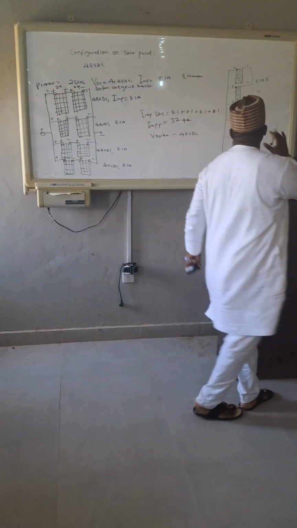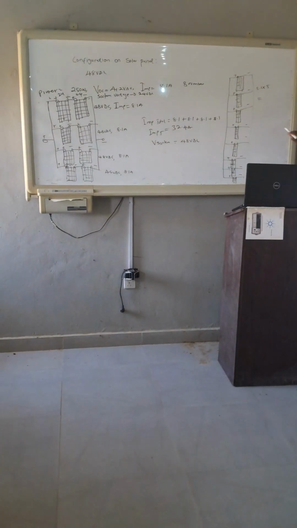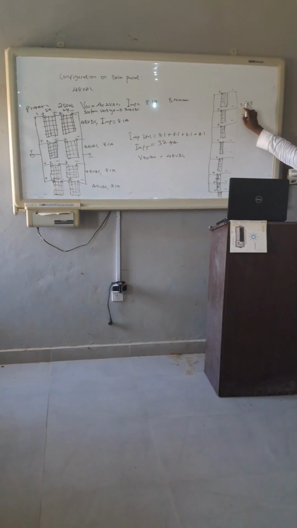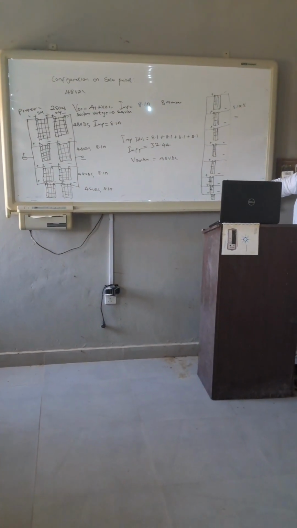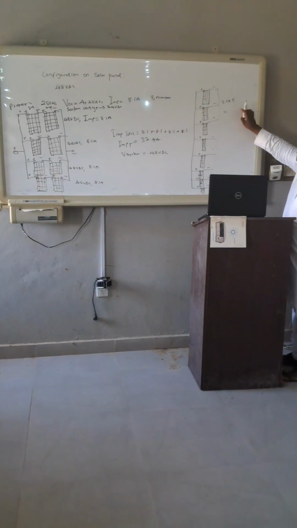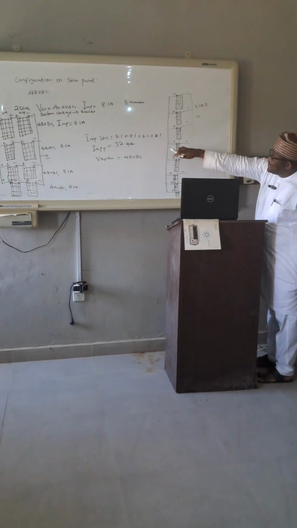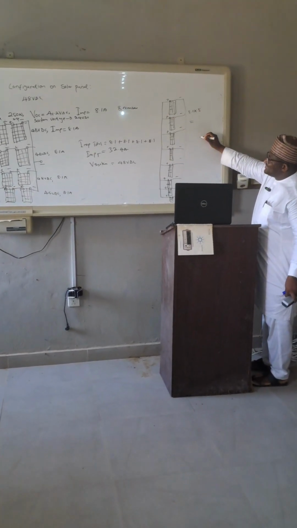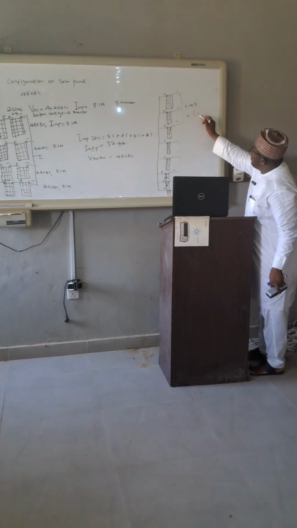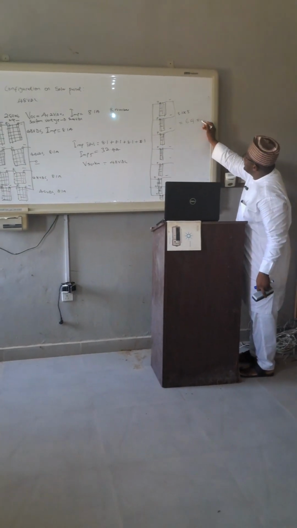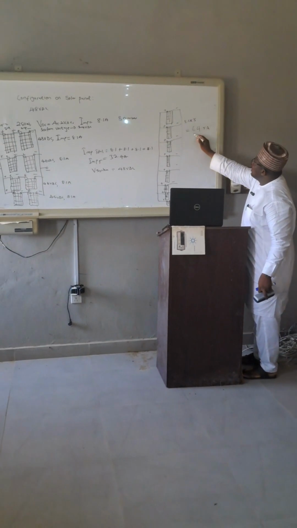So now, this is it. I total is 8.1, which is the IMP, times 8. It will give us our total, which means if we have 32 there, it has become 64.8 amps.